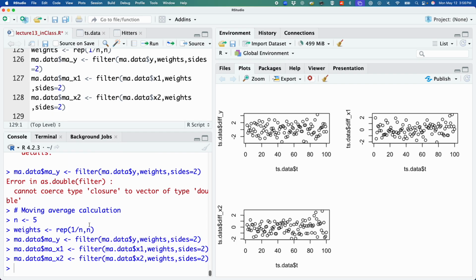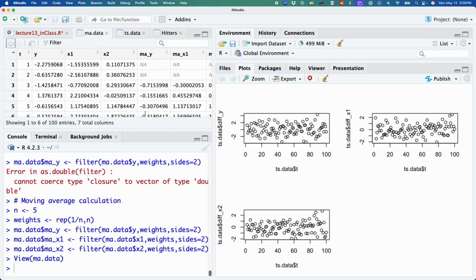Okay, and when I view MA data, we have MAs missing for the first two rows of the moving average. And why is that? Yeah, exactly. There's nothing to take an average of on the first one going 2 steps back, right?